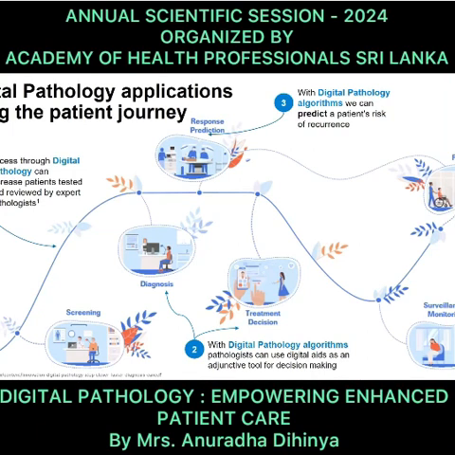When I'm talking about decision making, that is the clinical decision making, where all those discussions happen in the tumor board meetings. With the digital pathology algorithms, we can predict the patient's risk of recurrence. Because the images are digitally stored and captured, monitoring of the patient can happen. You don't have to go back to the files and slides, archive and remove those glass slides, and review them.